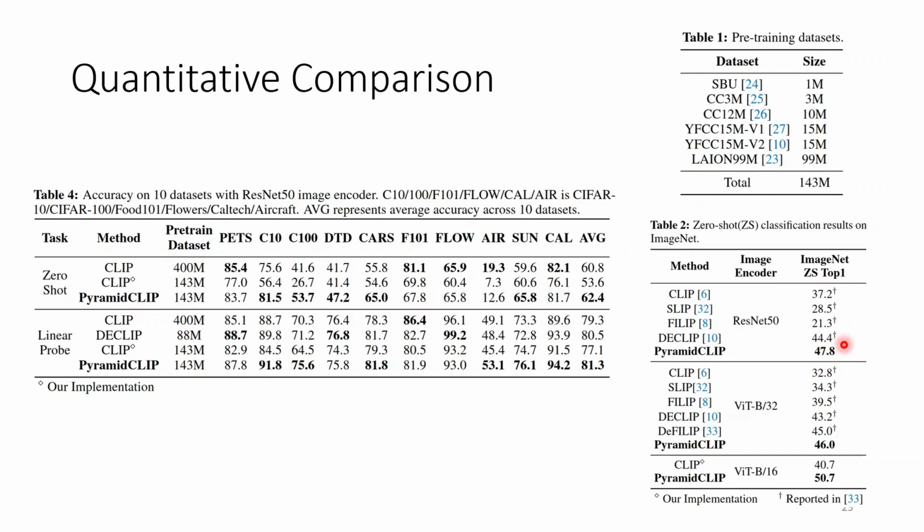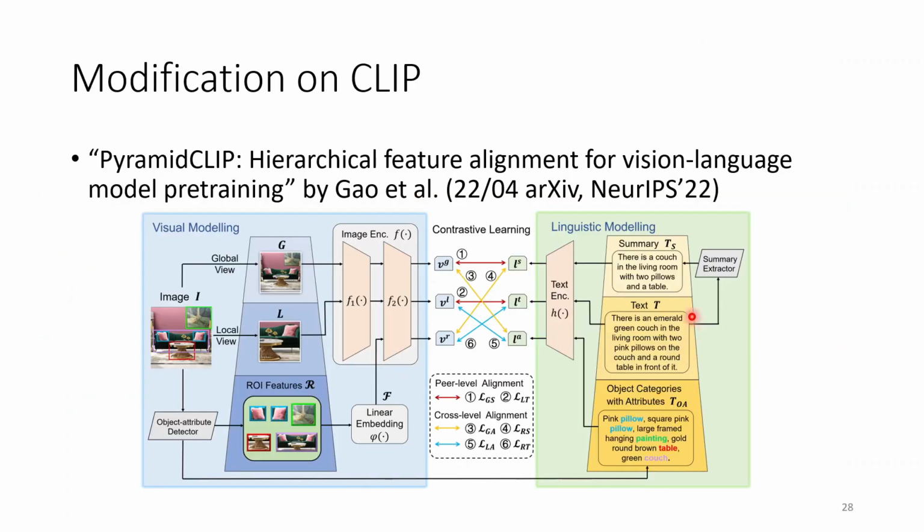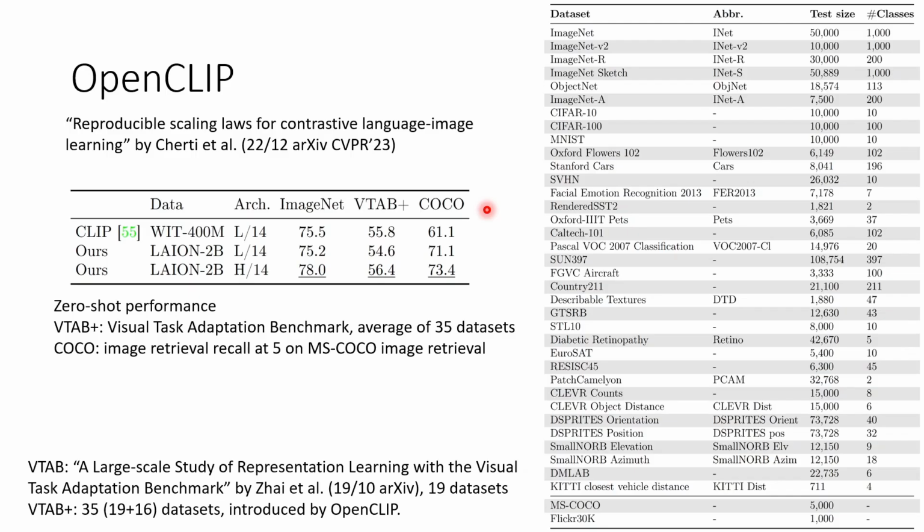So okay, this is PyramidCLIP. Okay, and then take a look at the time. PyramidCLIP was published in April 2022. And okay, OpenCLIP. It was the CLIP version released by LAION.